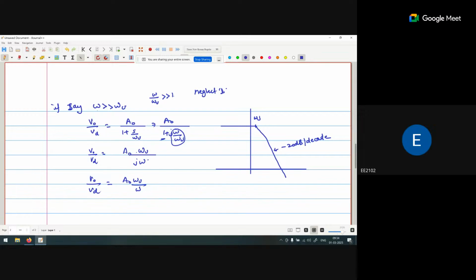Along with that, if I set the magnitude of V naught upon Vd equal to 1, what is the value?